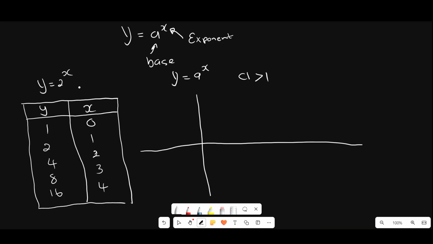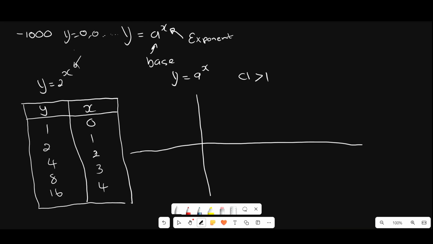Now the question is, what if I plug in a negative x value? What will happen to my graph? Well, if I plug in, let's say, negative 1,000, then I'll get a very small number, 0.0000000000 and so on.